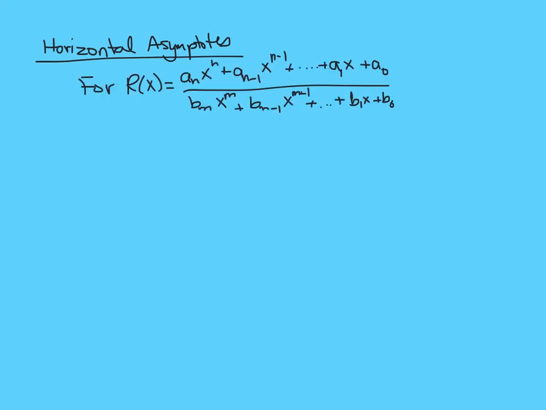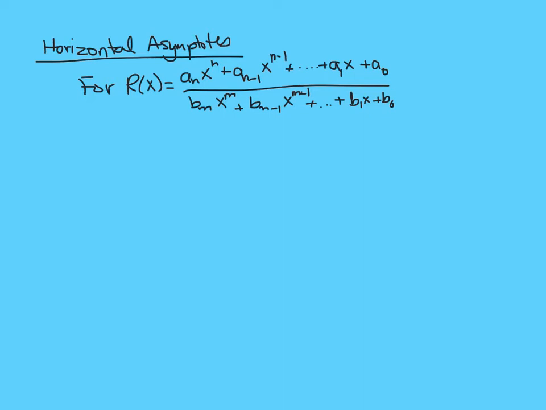Horizontal asymptotes are a little bit more involved, not because it's really hard math, but just because there are a bunch of rules going on. So I'll give you the rules. You probably will want to write them in your notes because you will be using this a bunch of times. For this general equation, we are going to have 3 rules.